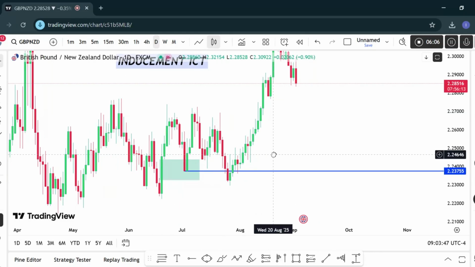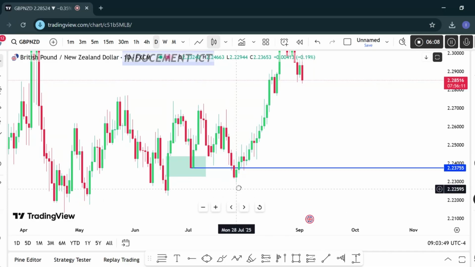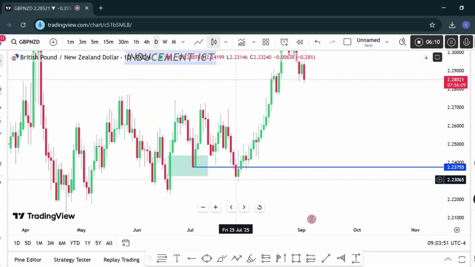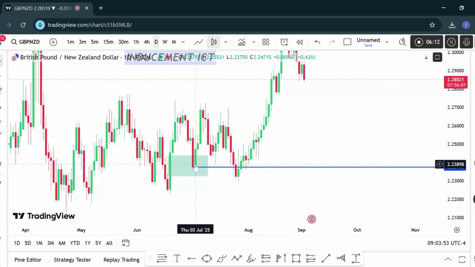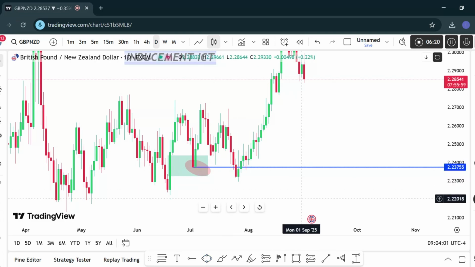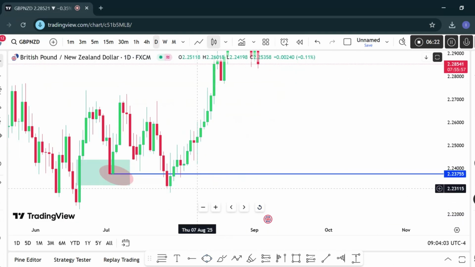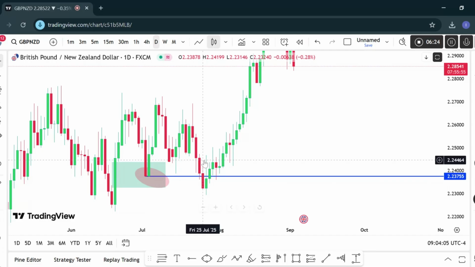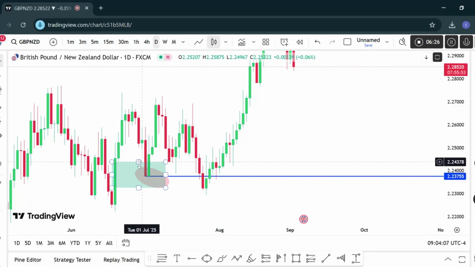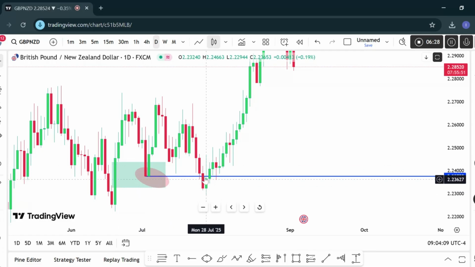We should wait for the market to come below that, because this is confirmed sell side. This is a real inducement.